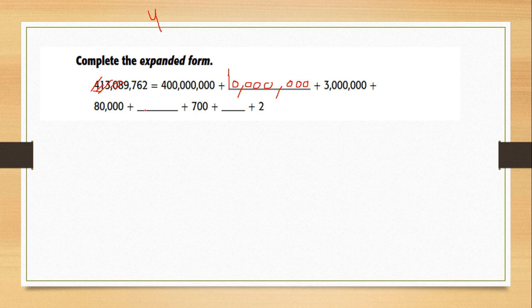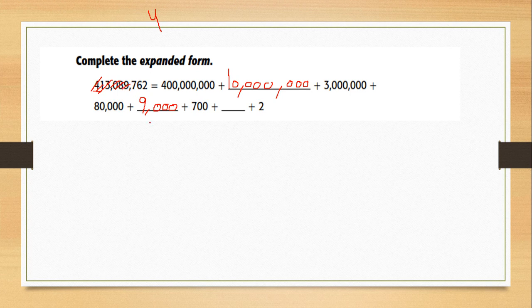The next one is 9, so let's write 9. The 9 here is in the place of 1,000, so we need to write 9,000. That means 9 with 3 zeros. Or you can ask yourself, how many digits before 9? When you count, you will see that we have 3 digits before 9. That means we will replace these digits with zeros, so it will be 9,000.